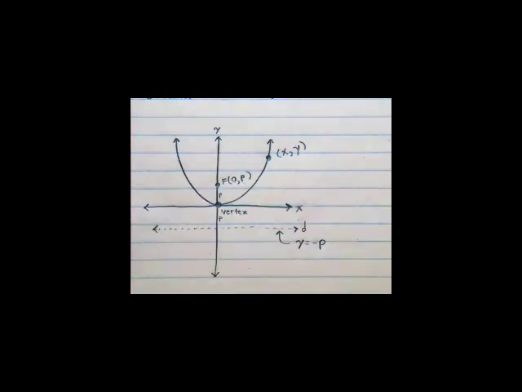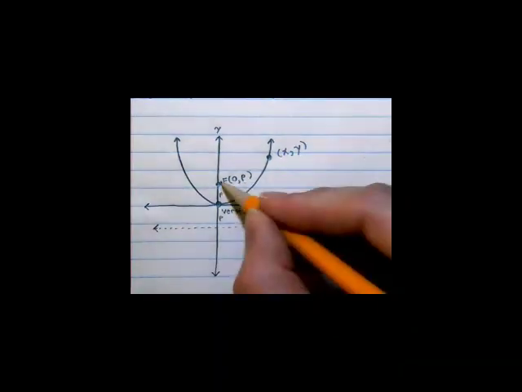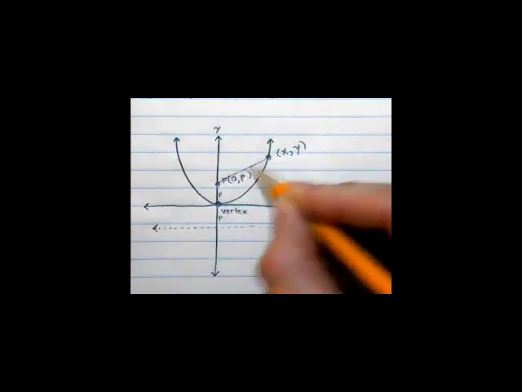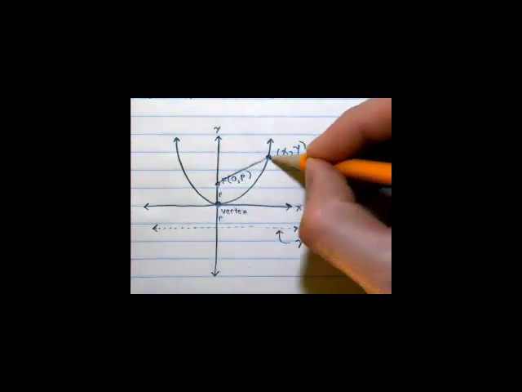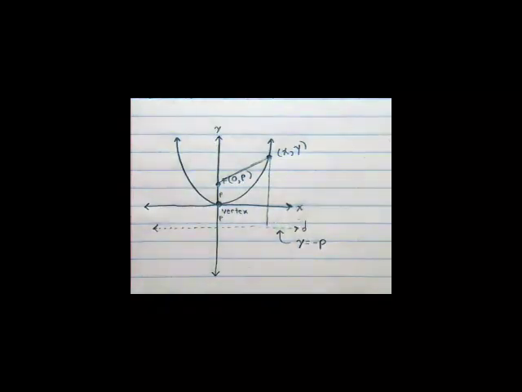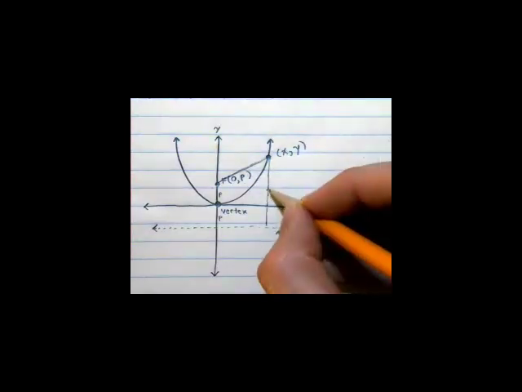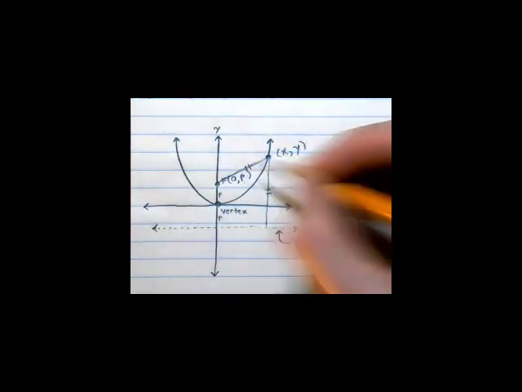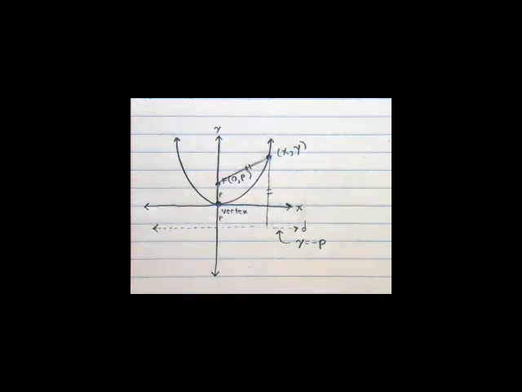Well, the definition of our parabola says that the distance between these 2 points, and the distance of this point down to the directrix, not drawn to scale, just so you know, okay? Doesn't look the same, but they should be. This distance and this distance are the same. Distance formula between points here, they should come out the same.